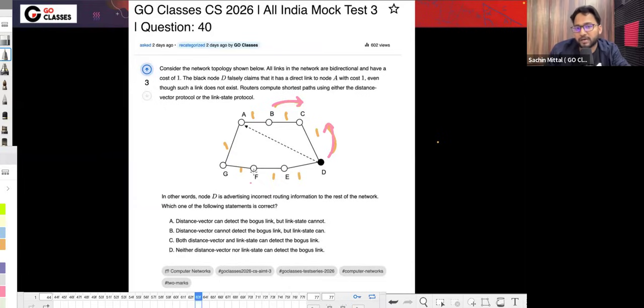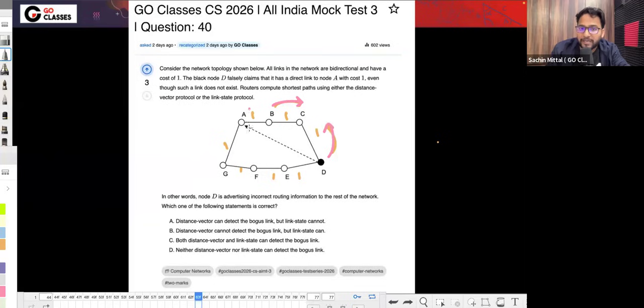But on the other hand, in link state, there is flooding, right? In link state, A will get information from everyone. A will get information from B, from C, from D, from E, from F, from G. Since it is getting information from everyone, it will get to know whether there is a link from D to A or not, because in link state we can form the entire network after getting all the vectors.